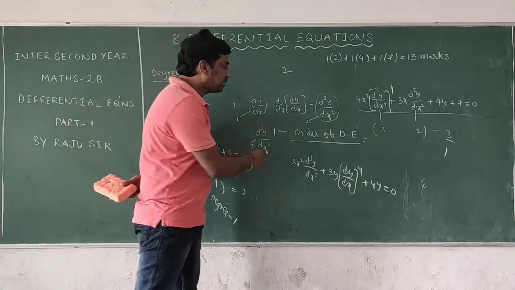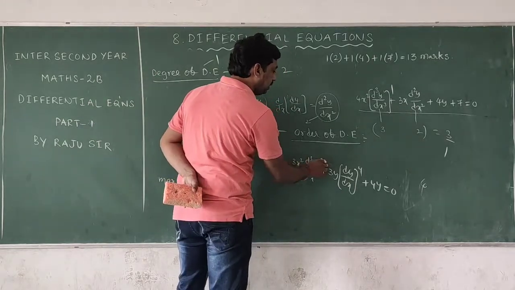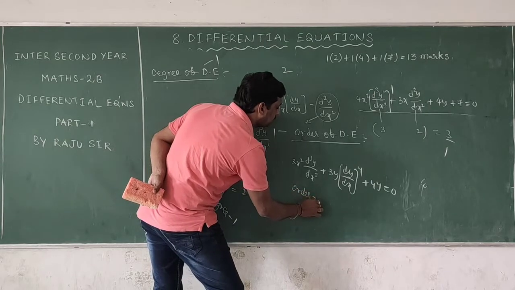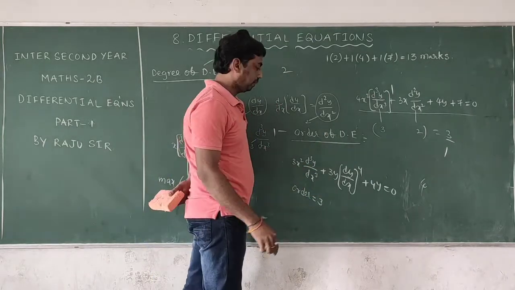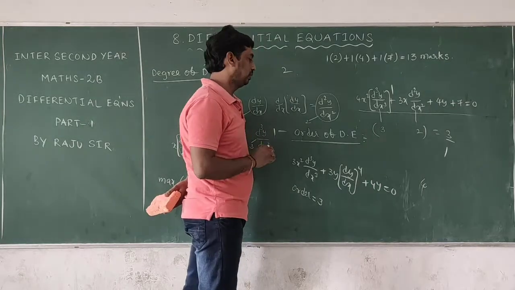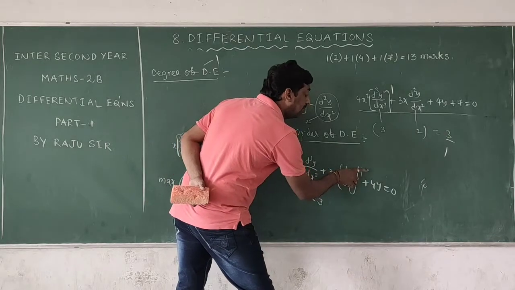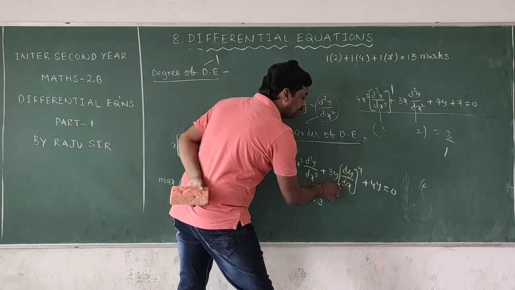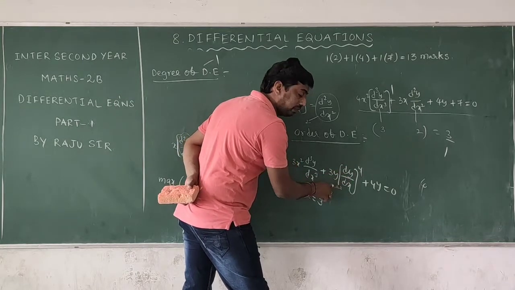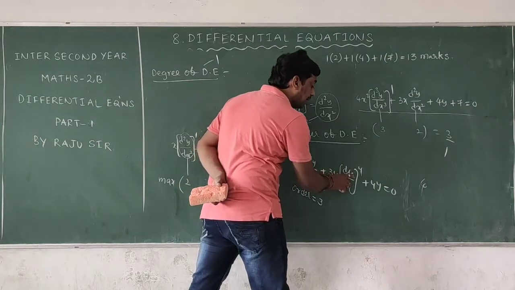Now, in this differential equation, what is the order? Yes, here 3, this one is 1, maximum 3, that's why the order is 3. Okay, degree, anyone? 4? No, wrong. Why? Here 4 is the power of dy by dx, but this one is not the maximum order of the differential equation.